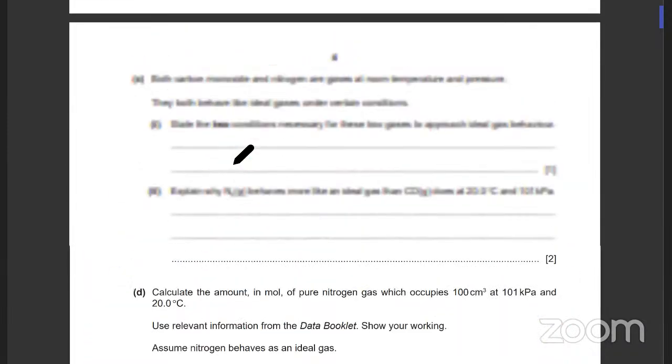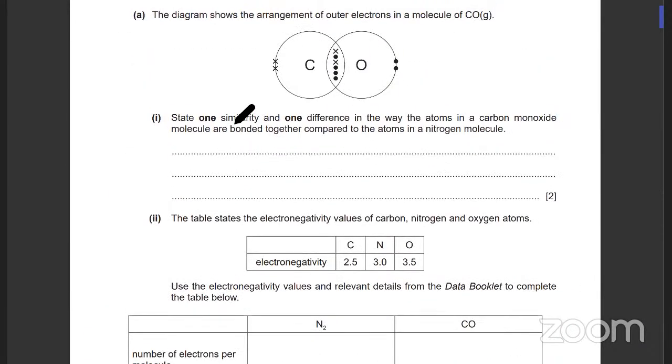So next you've got this question: state one similarity and one difference in the way the atoms in a carbon monoxide molecule are bonded compared to the atoms in a nitrogen molecule. The similarity is they both have triple bonds.